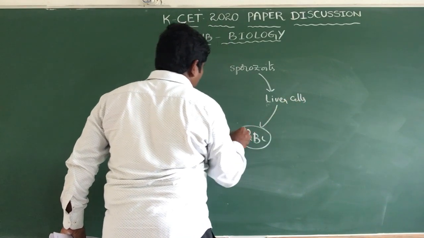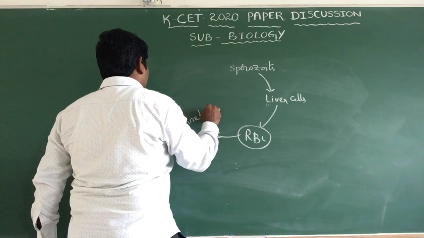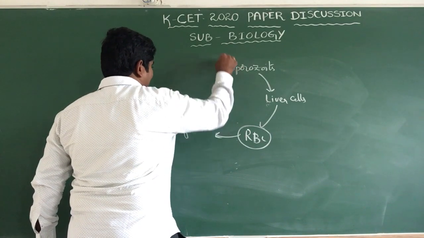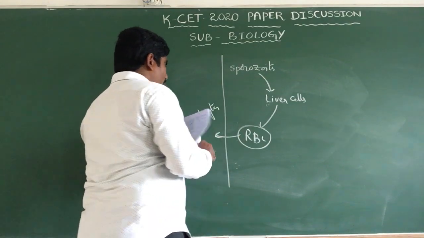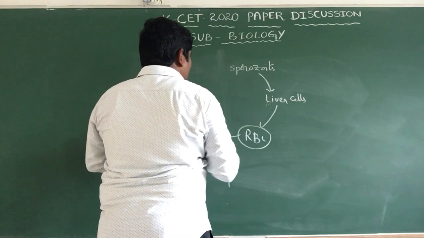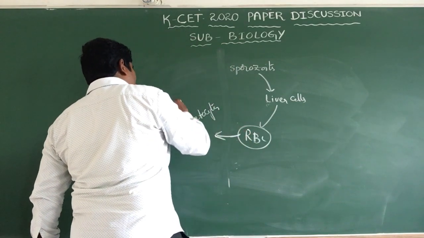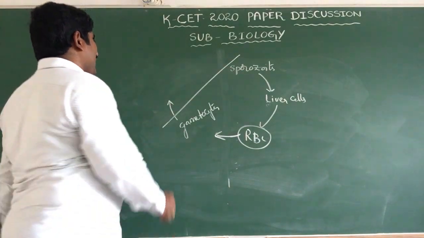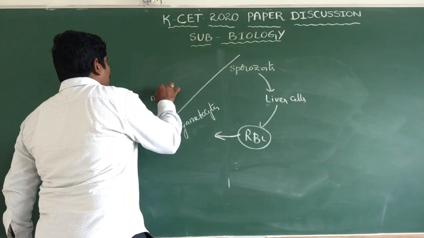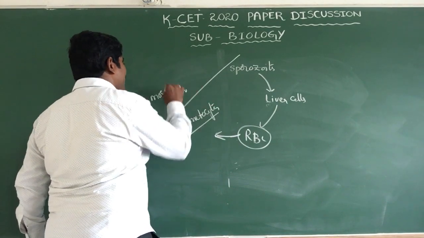From the RBCs, gametocytes are released. Gametocytes form inside the human blood and are released when the RBCs break down. This is where the human life cycle is over. When the mosquito sucks the blood, male and female gametocytes enter the mosquito.